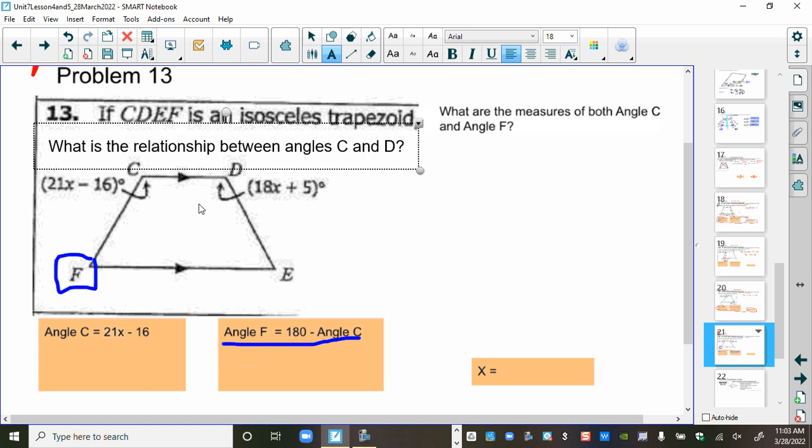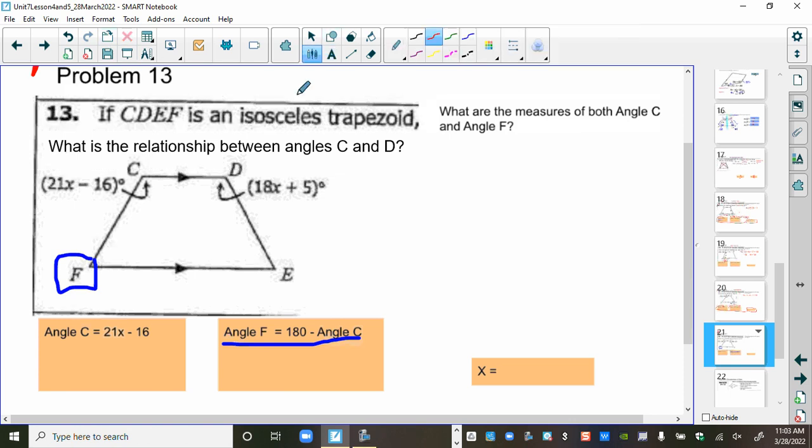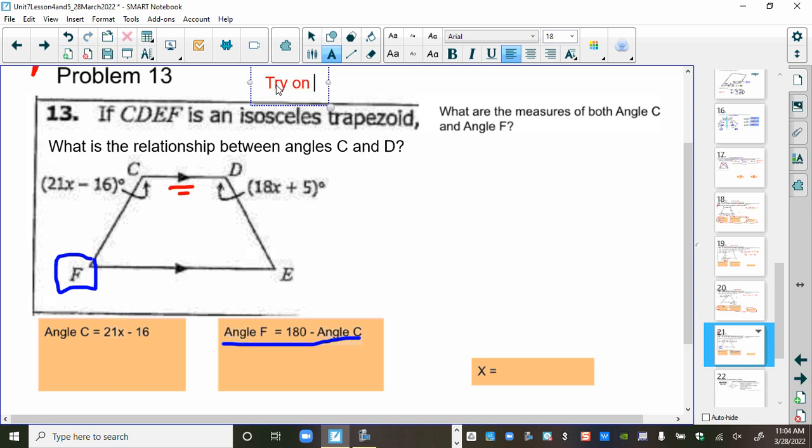Okay. And then for this last one, what do we know about the relationship between these two angles? Equal. Again, try on your own.